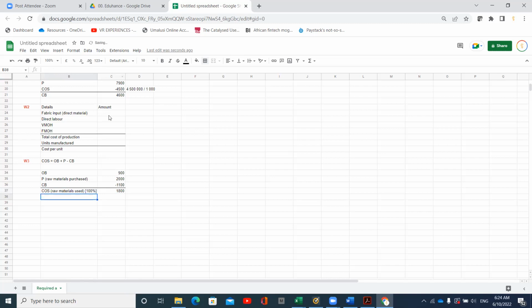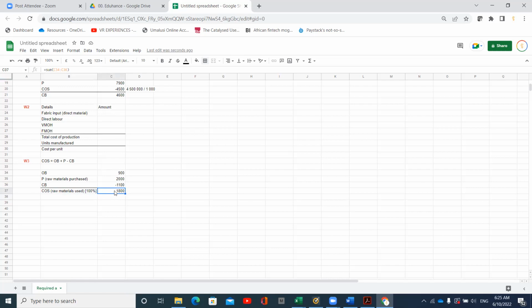Okay, so this is what was transferred to work in progress. This is before the loss occurred. So this is all the raw materials that were transferred to work in progress. Once we put in the 1,800 meters, then 5% is lost. So this is not after the 5% is lost. This is before the 5% is lost.